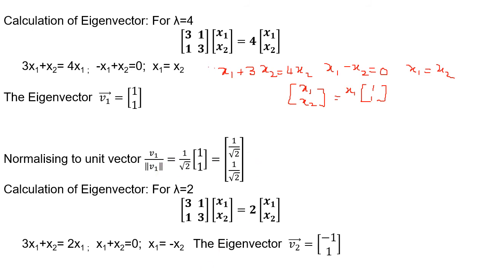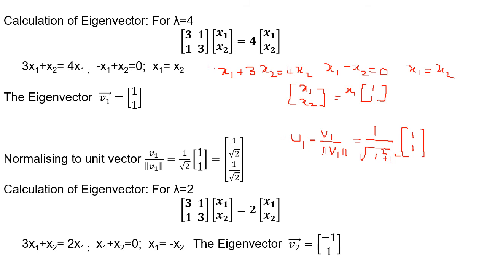Let me call this u1, and u1 is equal to v1 divided by the length of v1. That gives me 1 divided by root of 1 square plus 1 square, multiplied by (1, 1).